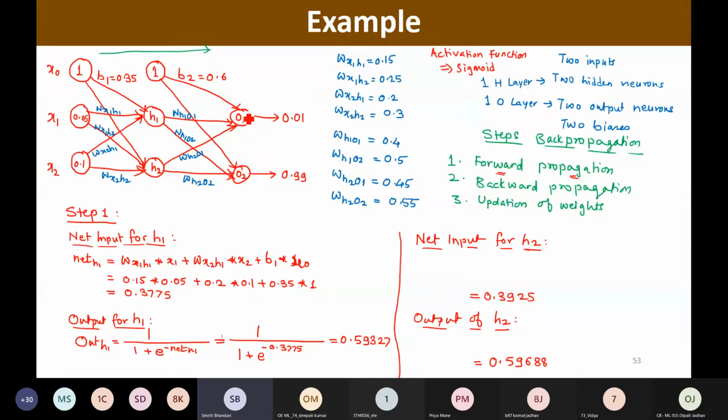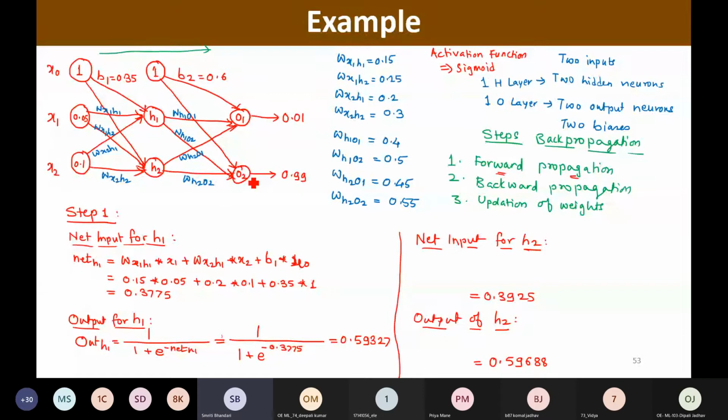Are you getting me? What we need to do is continue the same procedure for the output layer. In the output layer, I am having two neurons, O1 and O2.